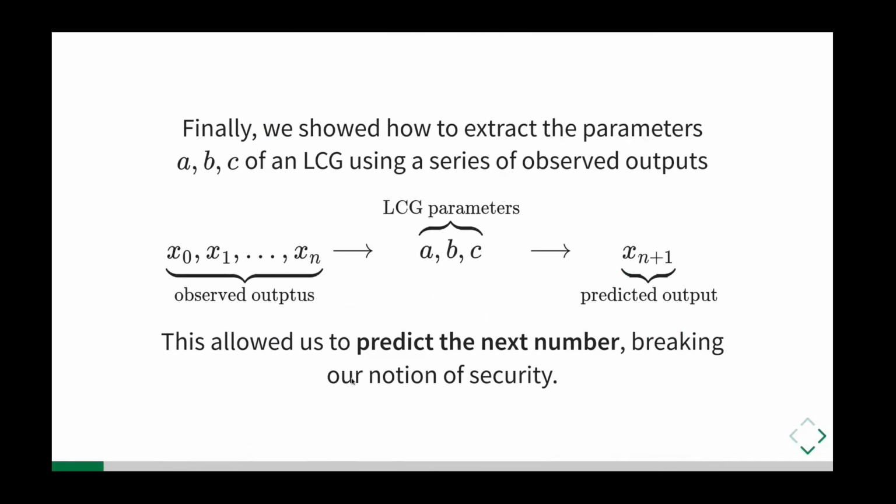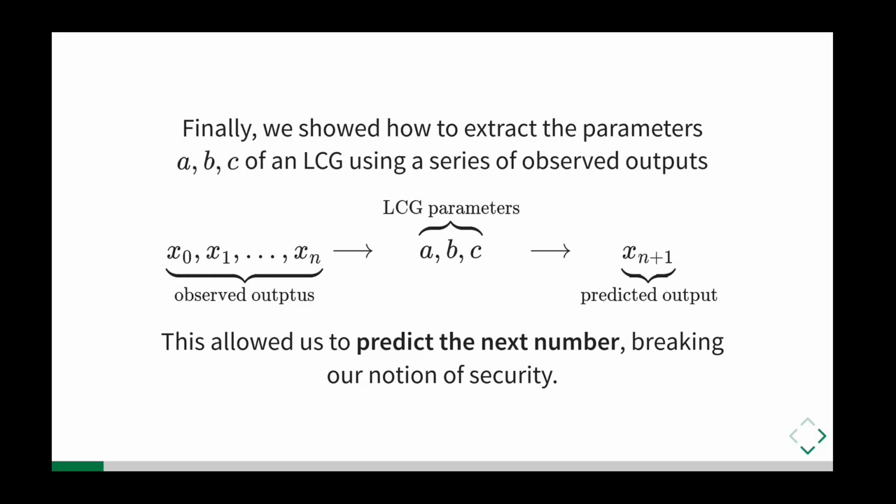Then we showed how to attack these generators. To attack it means going from a sequence of observed outputs to extracting the internal parameters. And once you have the internal parameters, you can predict the next number. So you break the randomness because you understand the deterministic rule and you get all the subsequent numbers.